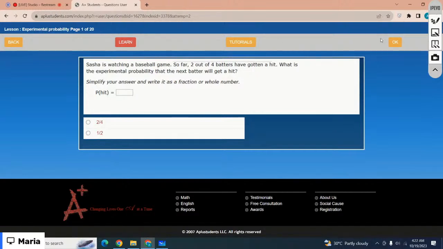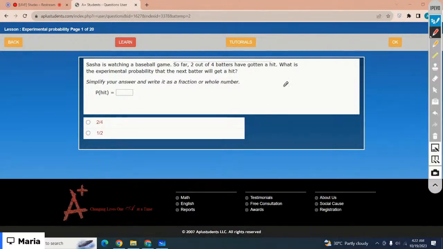And 2 of them got a hit. So that would be 2 out of 4. When you simplify it, it is 1 out of 2. The correct option is 1 out of 2. The second option is the correct one.